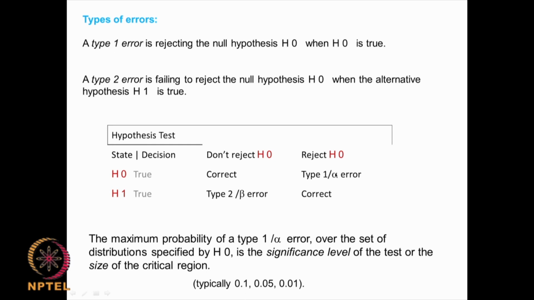Whereas sometimes, although the null hypothesis is true, we end up rejecting the null hypothesis; that is called the type 1 error or alpha error. In the other situation, we do not reject the null hypothesis whereas H1 is true; that is called the type 2 error, and that is called the beta error.